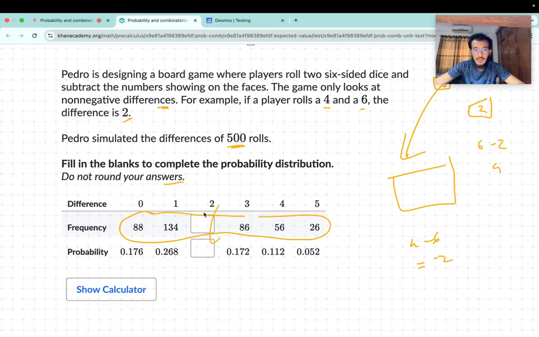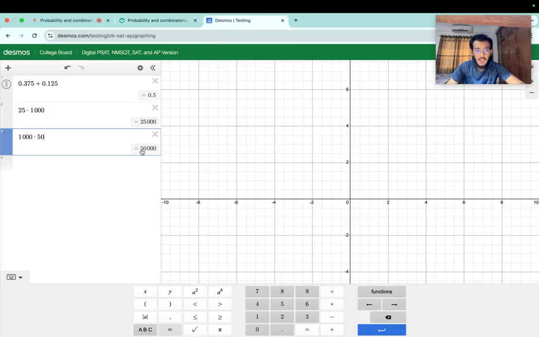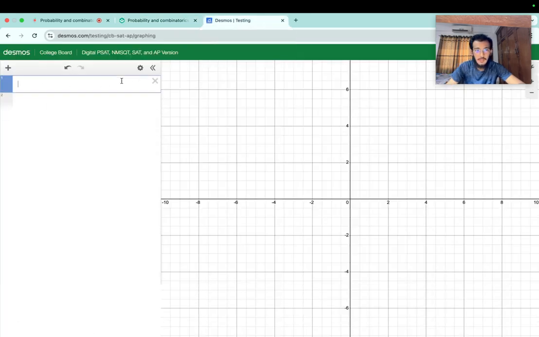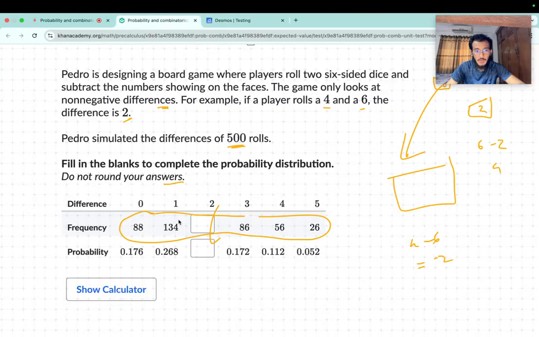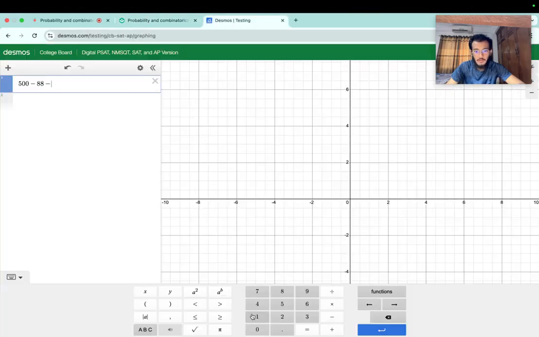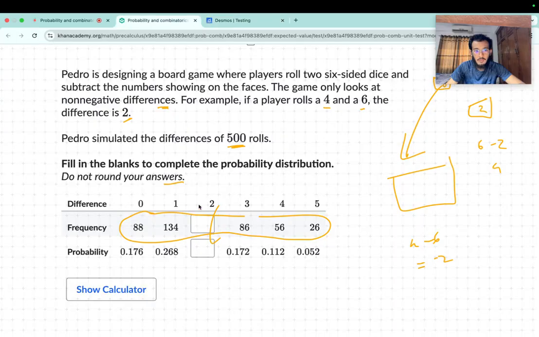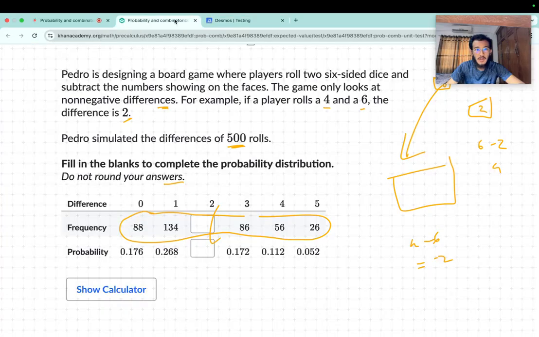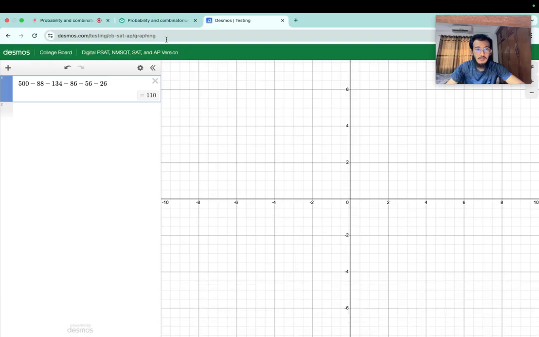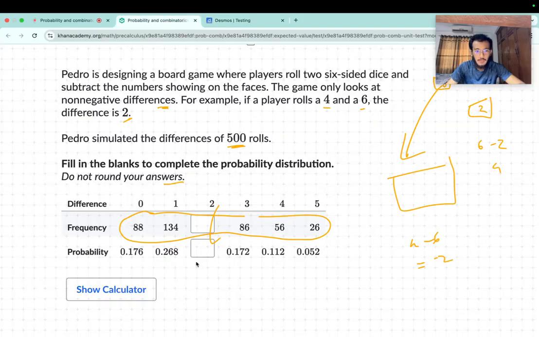So the missing value that we want here would be 500 minus 88 minus 134, minus 86, minus 56, minus 26. So 110. This is the frequency. I'm going to put it later after I find the probability as well.